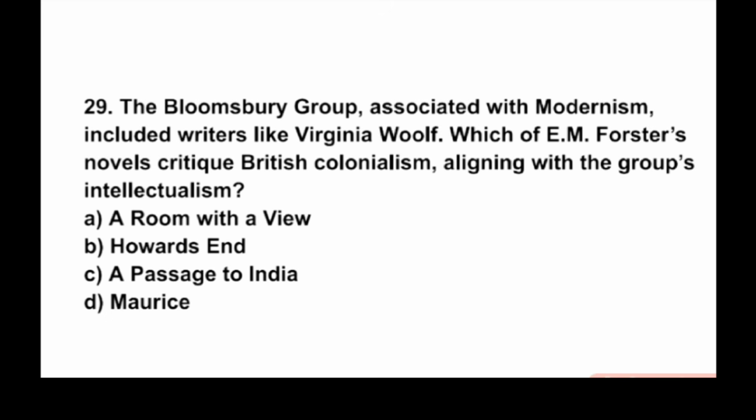Option C is the correct answer, A Passage to India. Forster, A Passage to India, 1924. Explores colonial tension and cultural misunderstandings. A modern and post-colonial text.